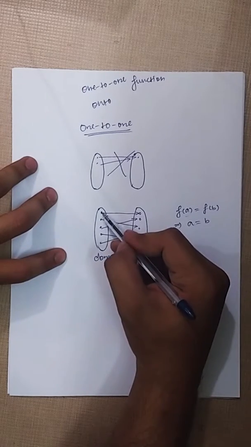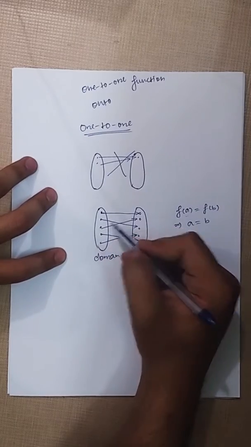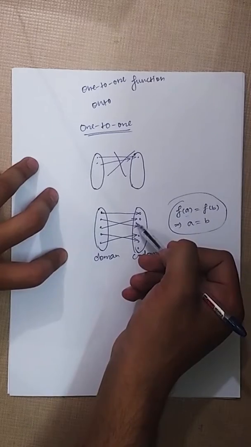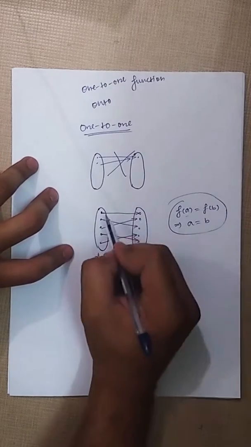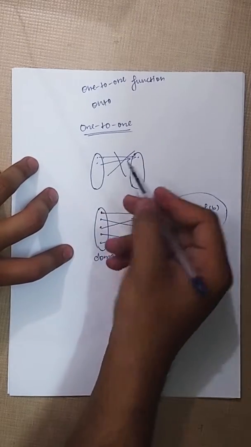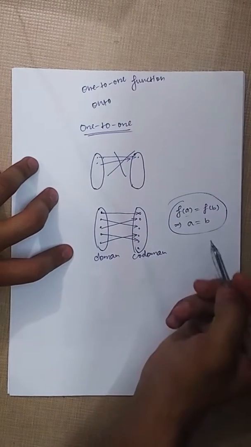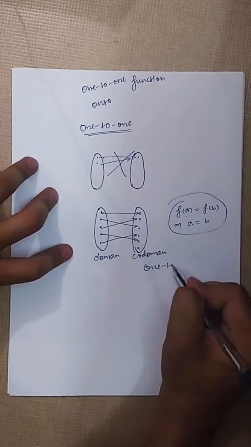It means it should be the same element. This is the formal definition. This is the one that you might understand easily: no two elements must be mapped to the same. Basically, there can be vacant elements on the right side. This is allowed. This is a perfect one-to-one function.